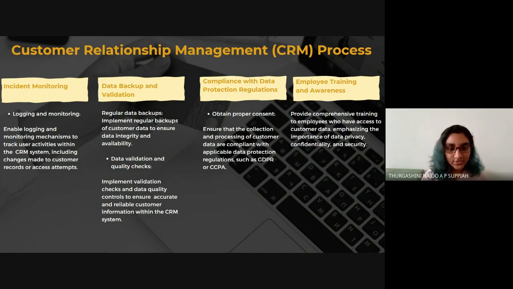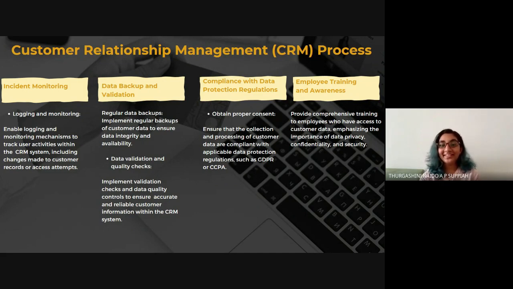We need regular backups of customer data to ensure data integrity and availability. The next is data validation and quality checks. We need to check the data quality and validate, for example, information.